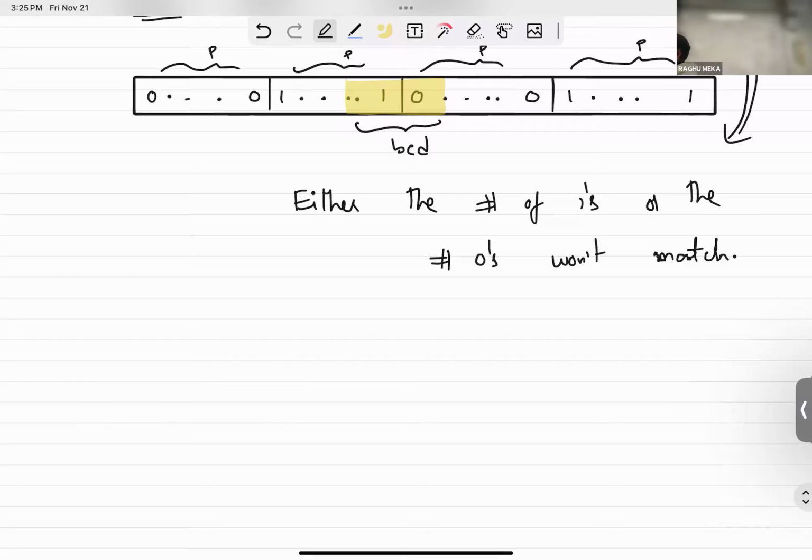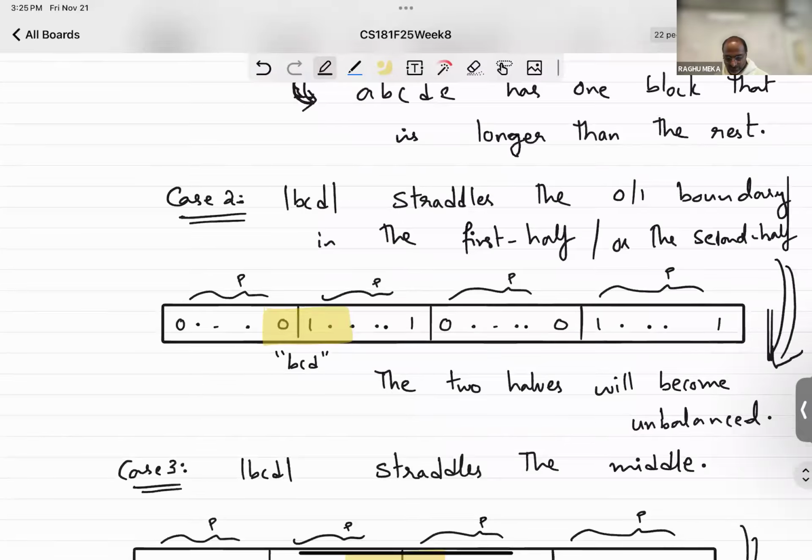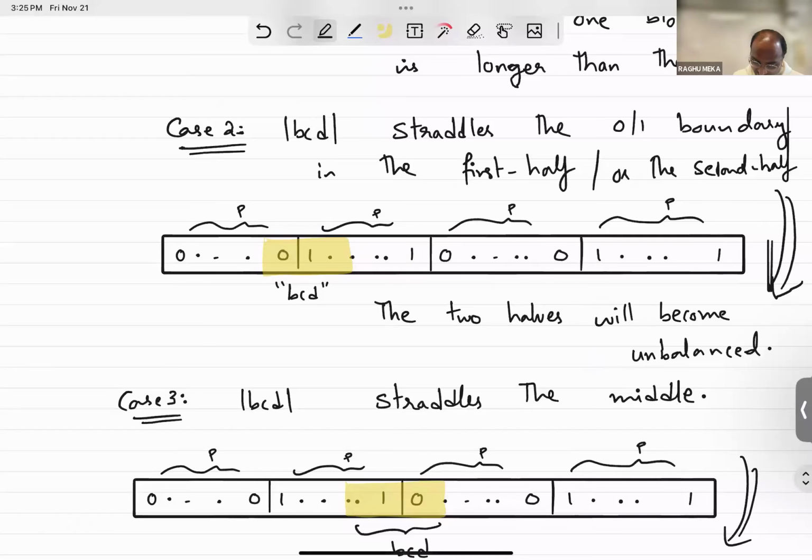Yes, right, because then you can pump them. So for instance, if BCD can span two boundaries, what can happen is, let's say my B is here and D is here.